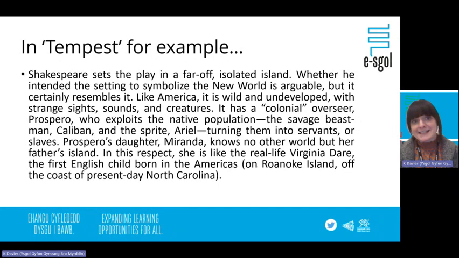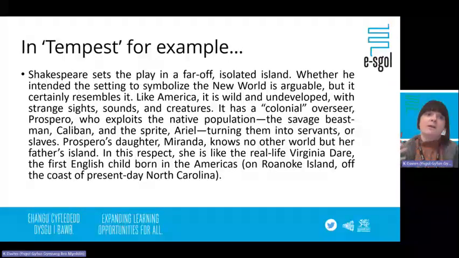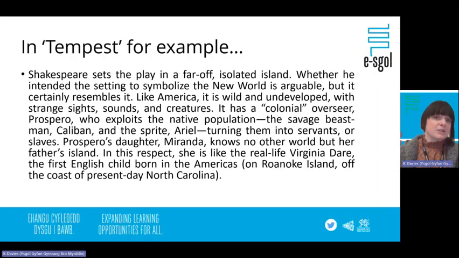Those of you then who are studying Tempest, okay, you'll know that Shakespeare sets the play in a far-off, isolated island. Whether he intended the setting to symbolise the New World is quite arguable, but most definitely we could argue that it resembles it. Like America, it is this wild and quite undeveloped place with quite strange sights, strange sounds, and quite strange creatures.